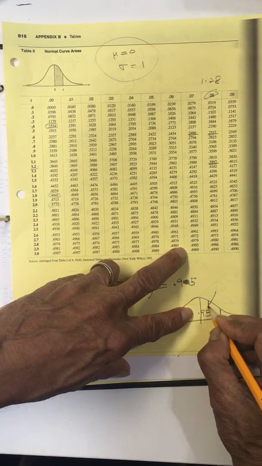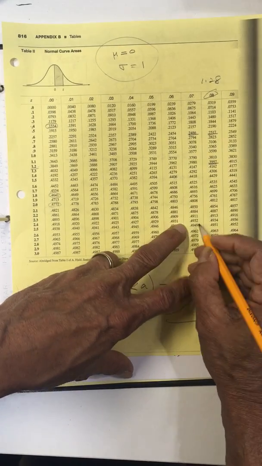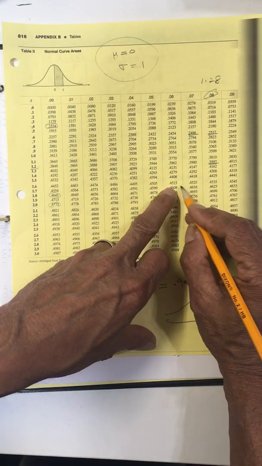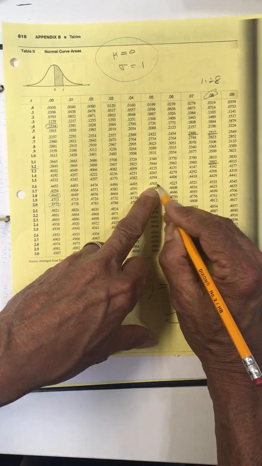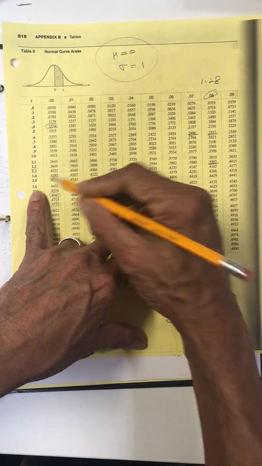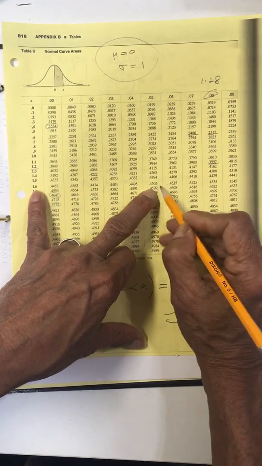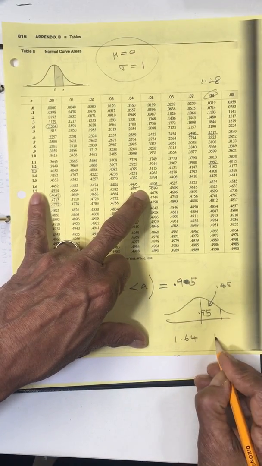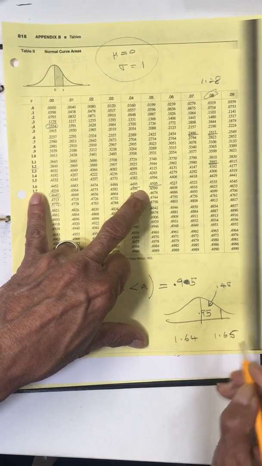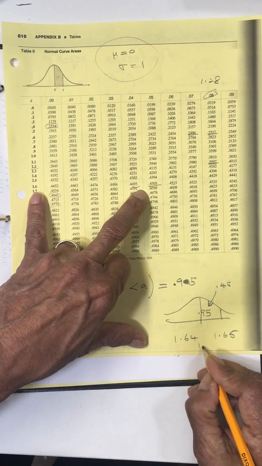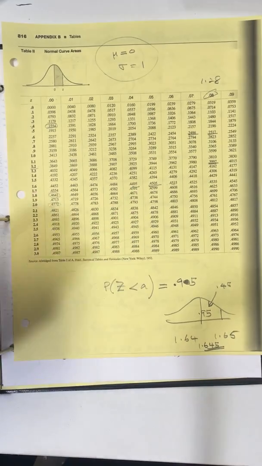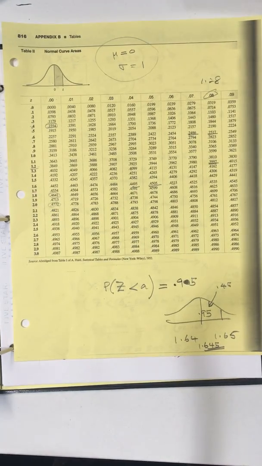Here actually you're looking at 0.45. 0.45 is in between these two values, exactly in the middle: 1.64 and 1.65. Since it was precisely in the middle, you might want to take the average of these two. All right, like that. So I'll stop here. The next example.